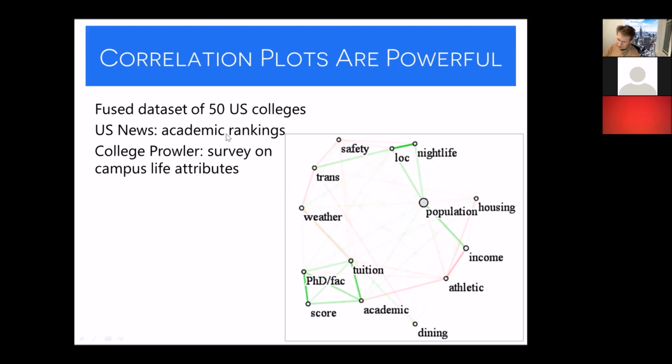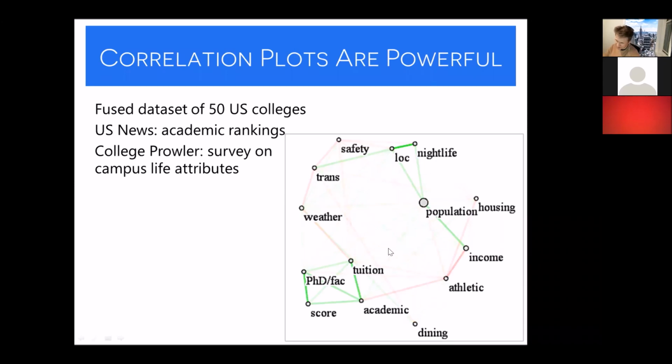Remember what I told you, that you should take multiple data sets and fuse them together because they give you complementary information about the whole subject of college. Here you get academic aspects and here you get life quality aspects. Put them together and you learn more about the colleges. So let's put this together in this correlation plot.